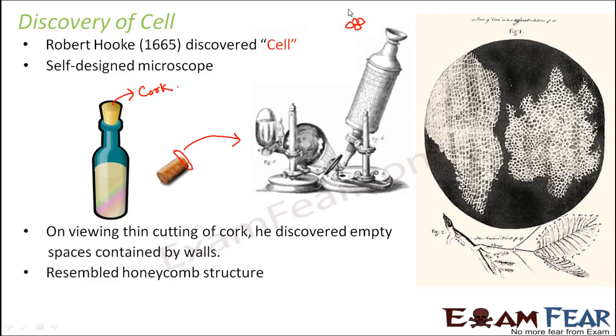Now, what did he call these compartments? For Hooke, these compartments were like small blocks of space, and many such blocks together formed the entire living organism. So he named these small rooms cell, because cell was a Latin word and its meaning was small rooms.